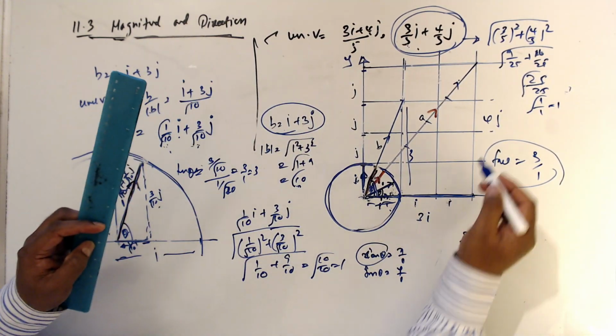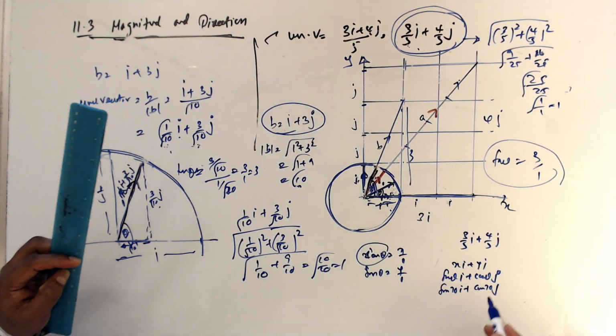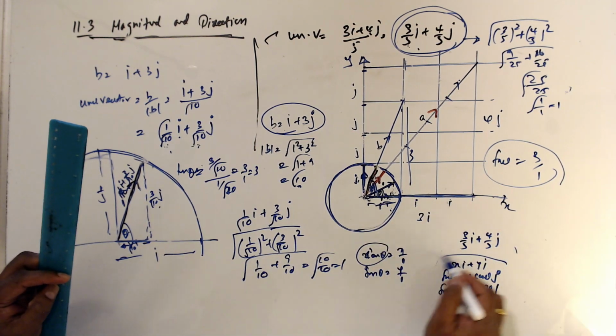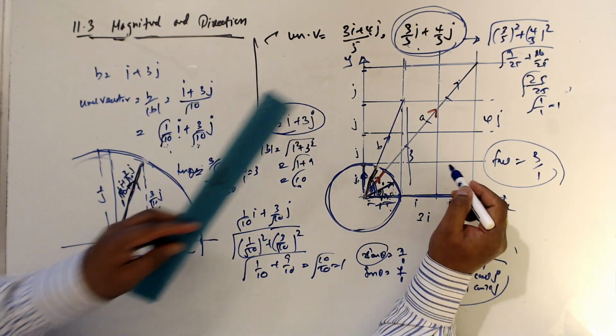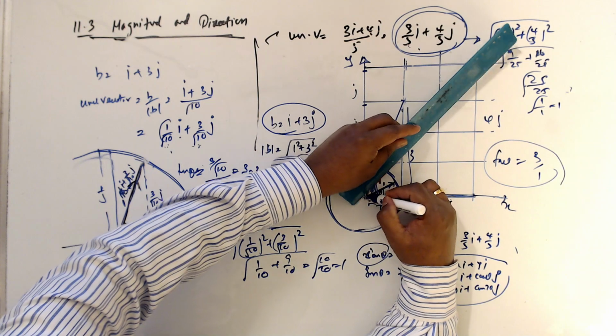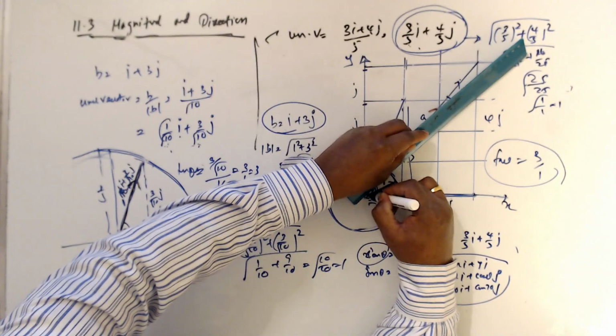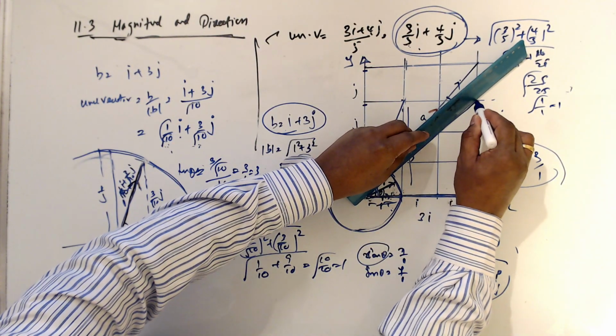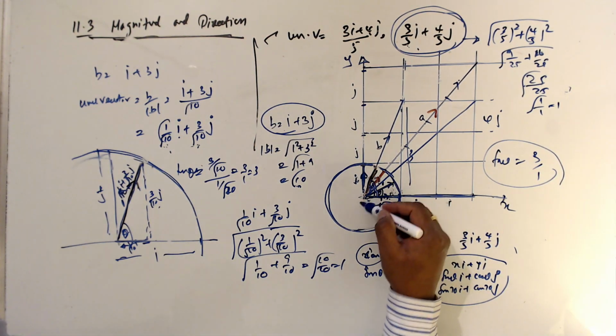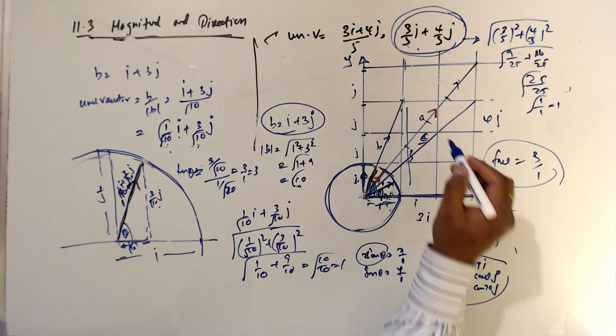So either you can express it if you know the angle like this, or okay, we'll take this direction. So this is C. What is C?